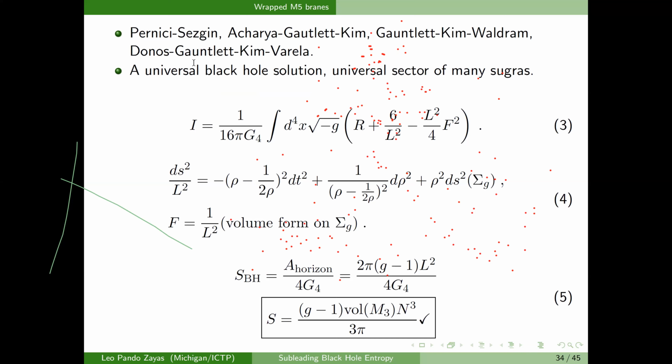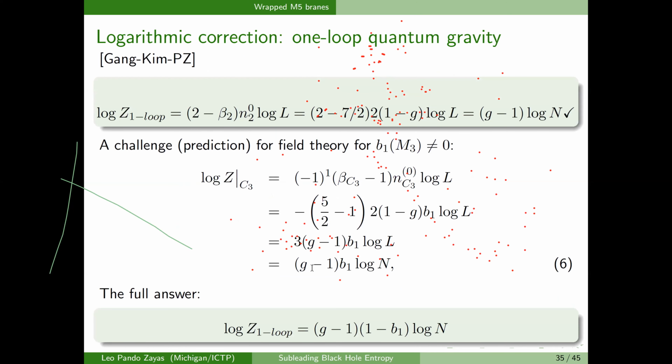The idea is that I can even compactify on the hyperbolic three-manifold part and obtain a regular, very universal sector of gauged supergravity. And this admits a solution, which is this black hole with magnetic charge. And the entropy of this black hole coincides precisely with the answer from field theory.